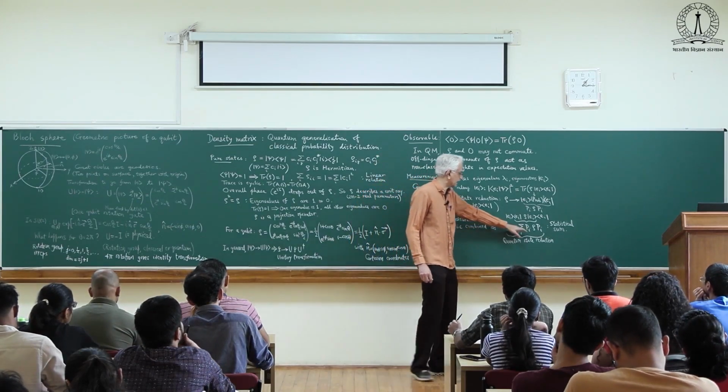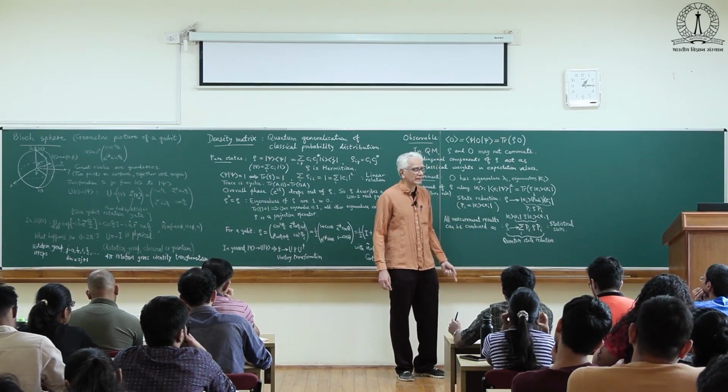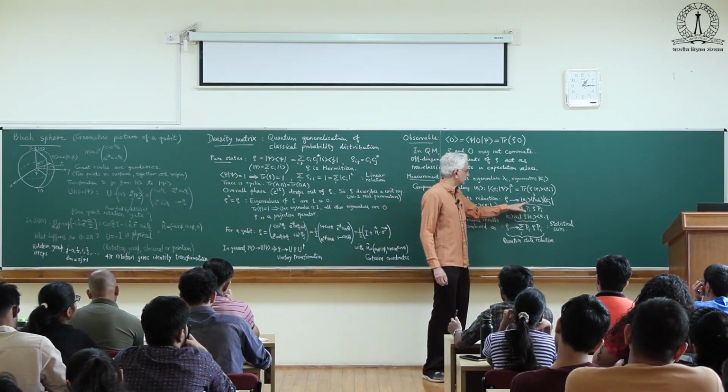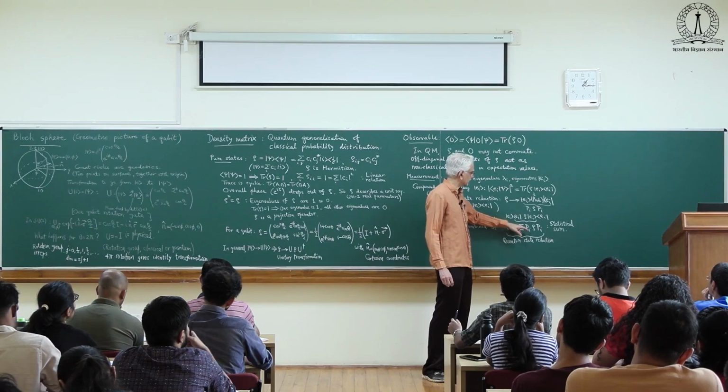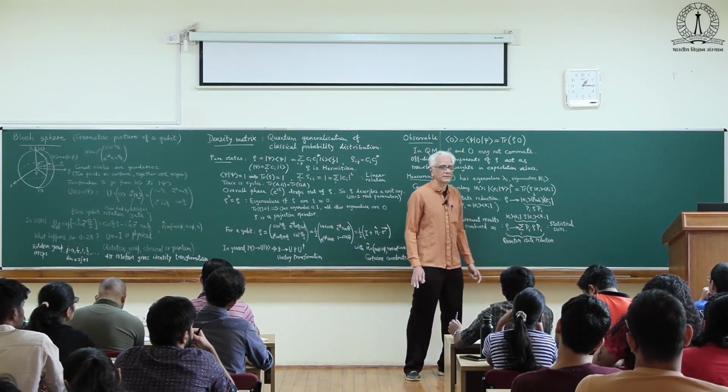If rho happens to be diagonal, then you can multiply these matrices rather trivially. But in the basis of the eigenvectors of whatever you measured, rho may not be diagonal. Then you have to evaluate it.